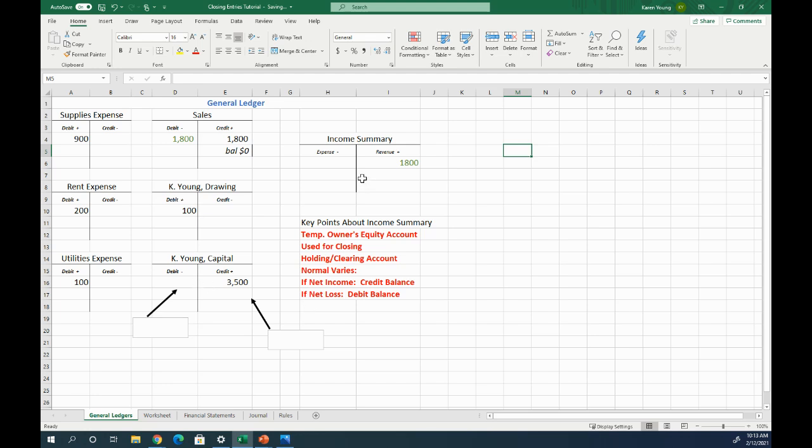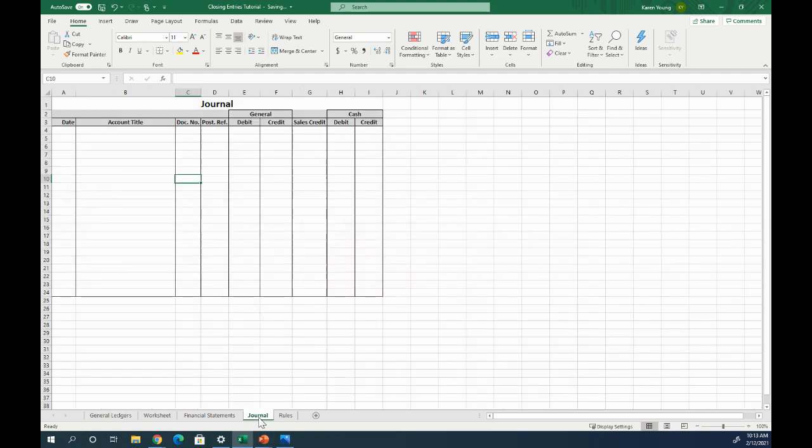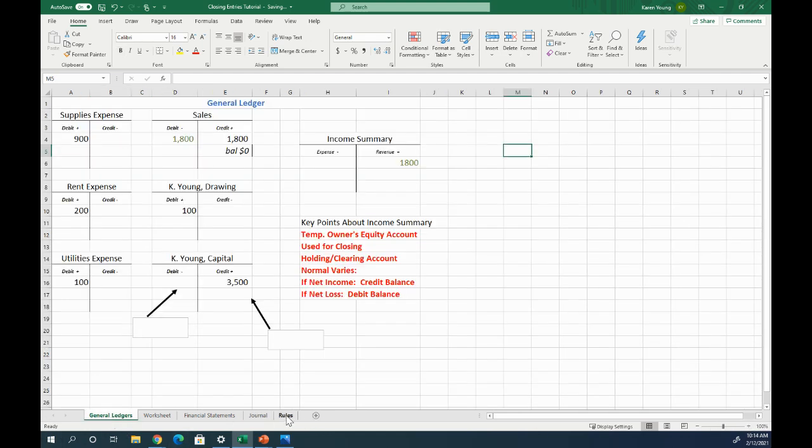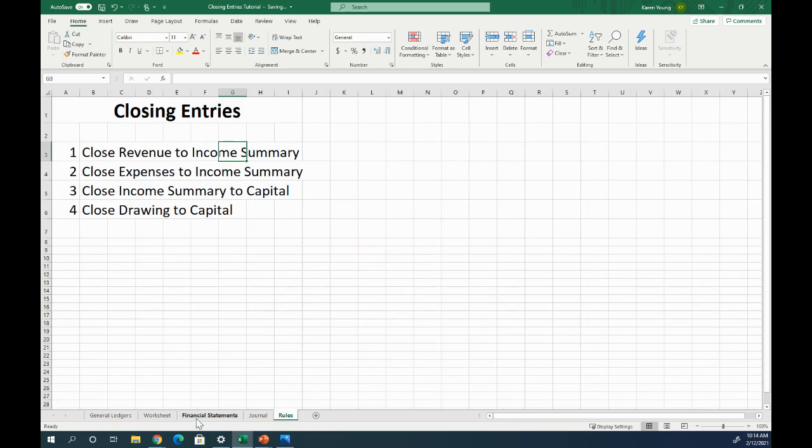Okay, so your first journal entry is a debit to sales and a credit to Income Summary. So I'm going to journalize this one. It's December 31st. My first journal entry would be, I forget the value that I used. It was a debit for $1,800. Oops.